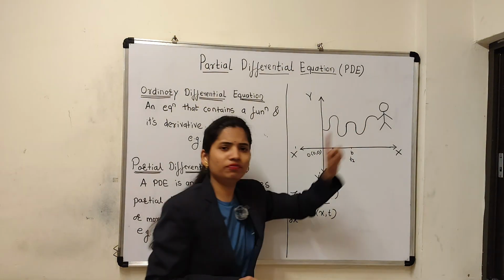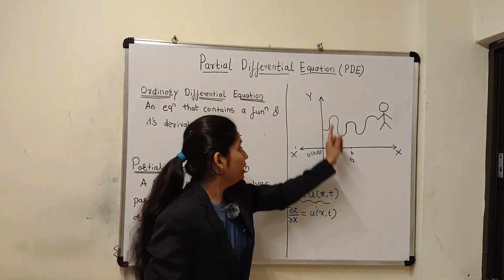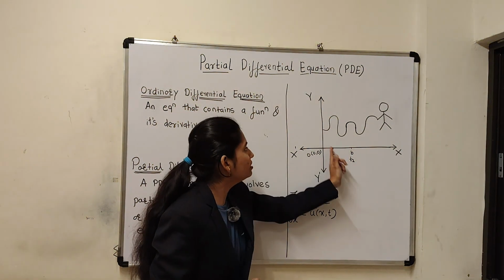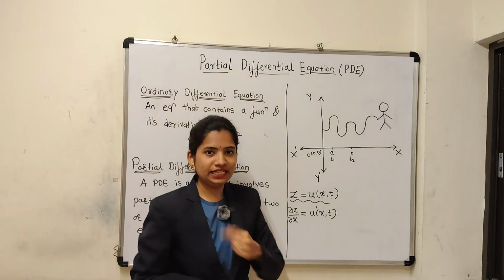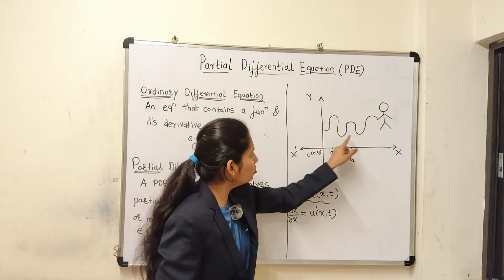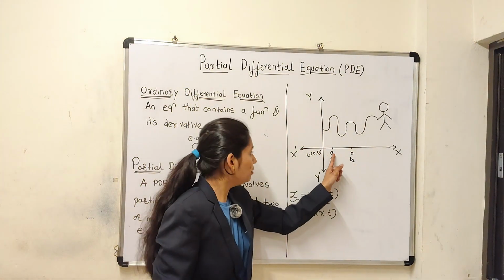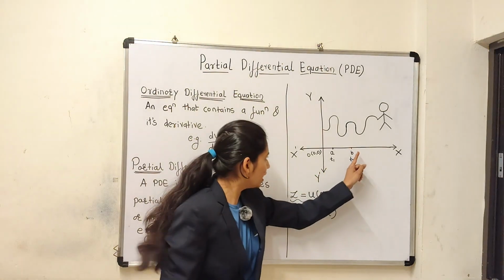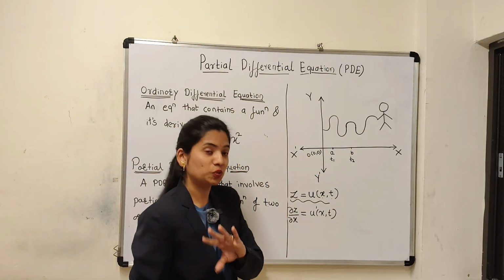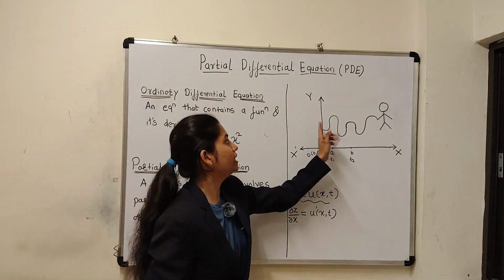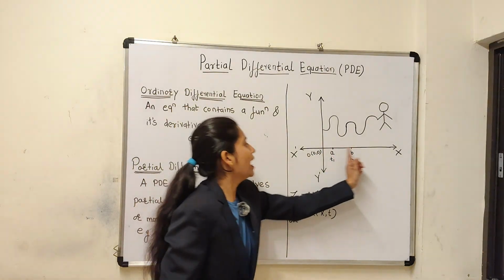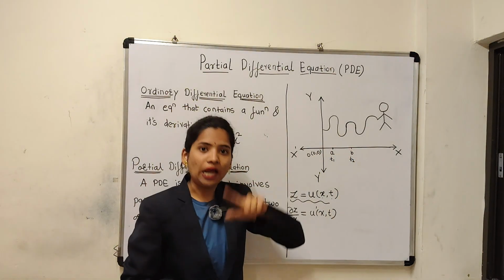The height of the string will change. At point A the height is different and at point B the height is different. That is, the change of height depends on the x-axis. Also at point A the time is different and at point B the time is different. So the change of height depends on the x-axis and also on time.